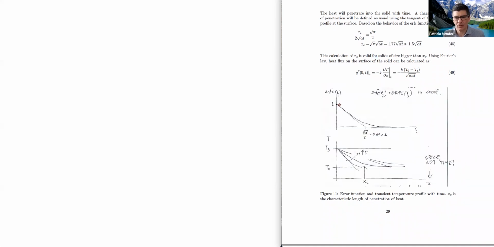I can do the boundary condition, right? I can do Fourier's law on the surface, k dT/dx. But guess what? dT/dx is delta T over this characteristic value, because we were doing the tangent, and I'm using here the exact value.